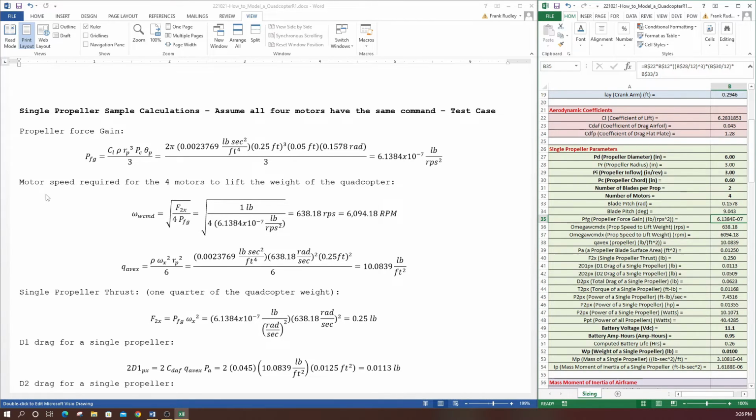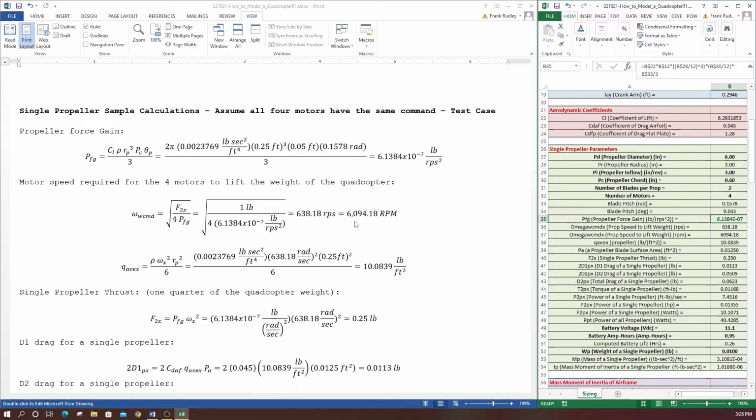Okay, so now the motor speed required for all 4 motors to lift the weight of the quadcopter. Our weight is 1 pound, and we divide that by 4 times this force gain and take the square root of that. So we get 6,094.18 RPM.